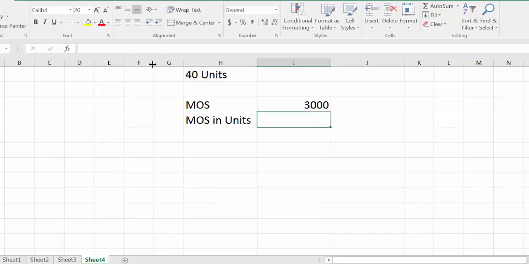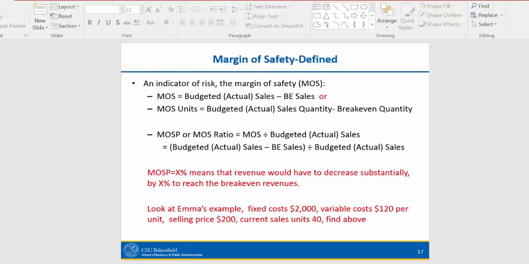This one is quite easy because you have 40 units minus 25 units, so it should be 15 units. You can explain that the sales in units would have to decrease by 15 to reach the break-even units. That's how you explain the MOS units.